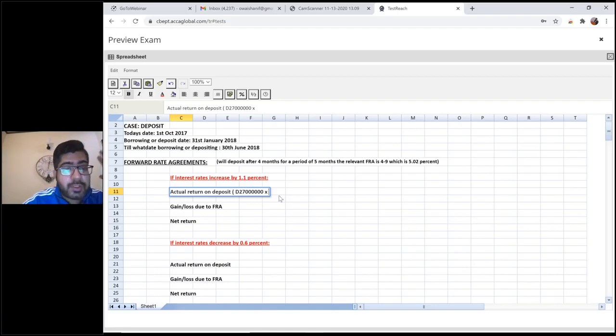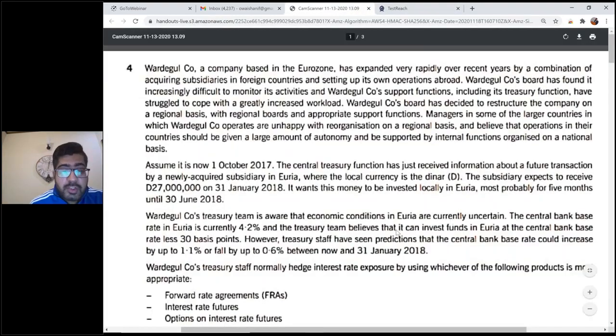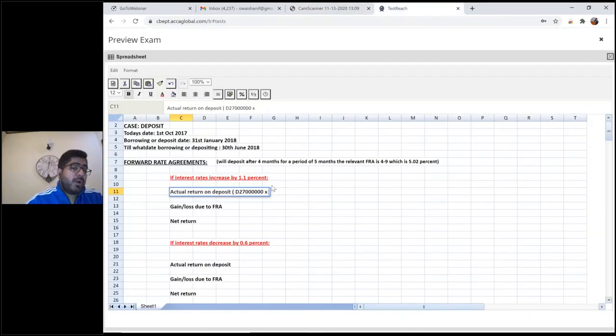So in this particular case, the rates have become 5.3. So if you deposit dinar 27 million, the rates have become 5.3. You won't get 5.3 because the question states that you can invest money at central bank rate less 30 basis points. So 0.3% less.